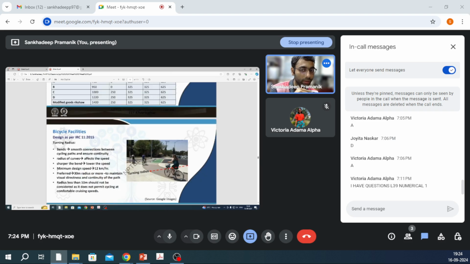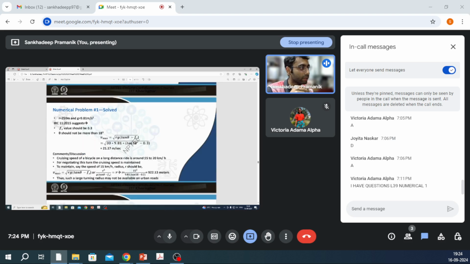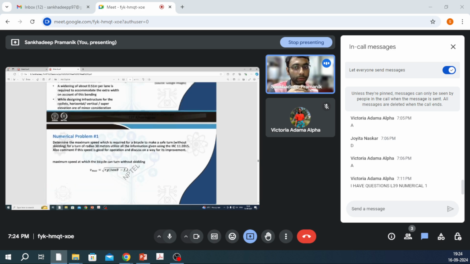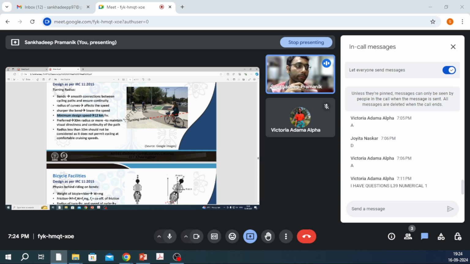but for the curve the minimum design speed is considered 12 kilometers per hour, because there will be many vehicles going at a higher speed. So to facilitate those, so that those vehicles can safely negotiate that curve. That's why below 12 kilometers per hour the speed should not be, it is the minimum design speed.